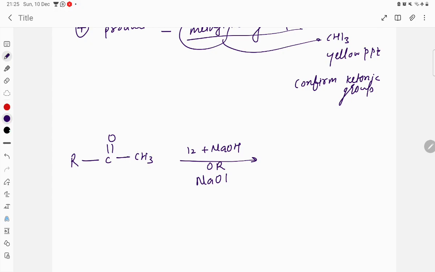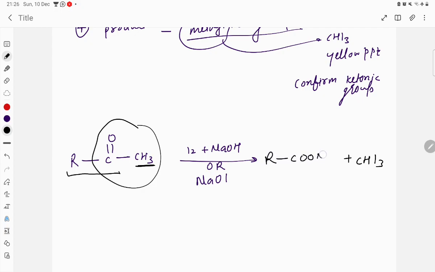Since it has the methyl keto group, it will be oxidized. CH3 will be converted into CHI3, and the other part will be RCOONa. CHI3 is the yellow ppt, which confirms the methyl keto group.